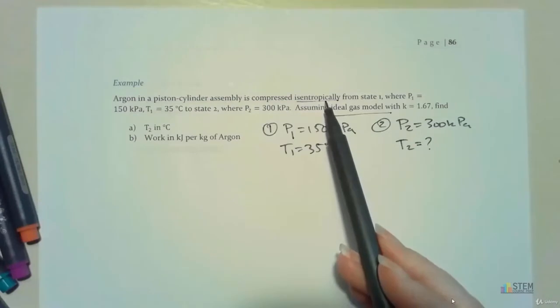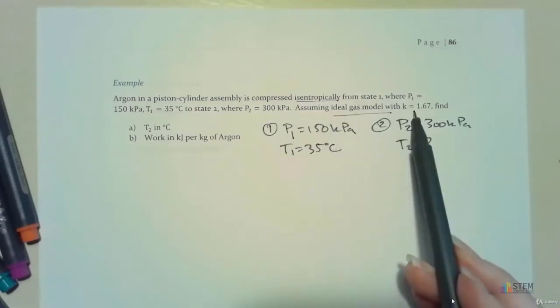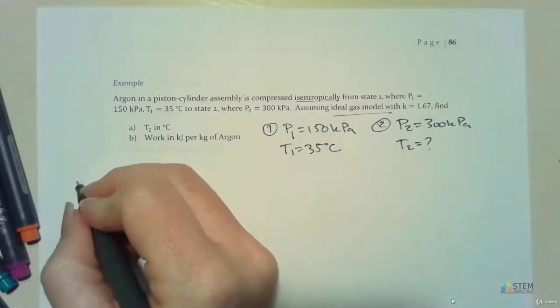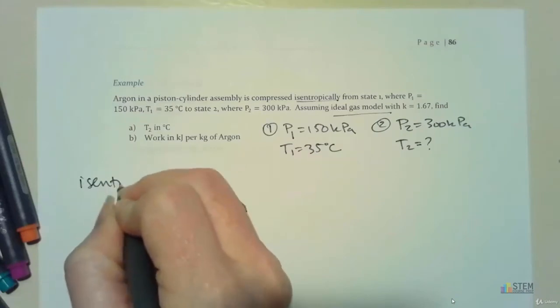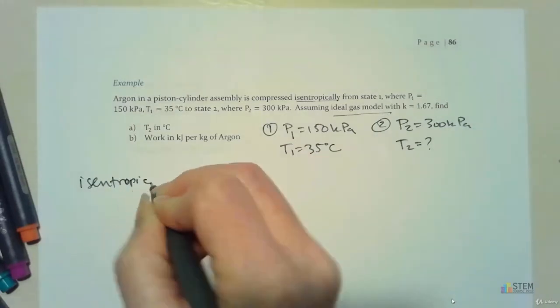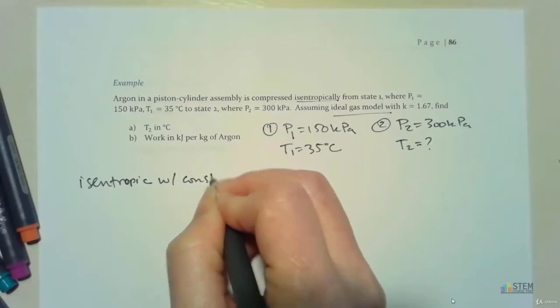Now, we've got isentropic flow. K is constant. So let's figure out what equations we can use with that.